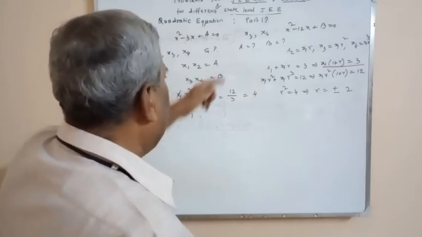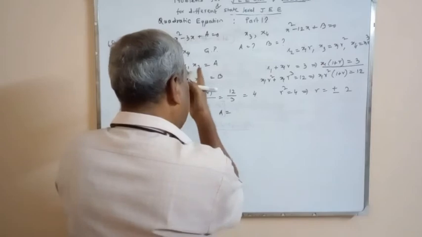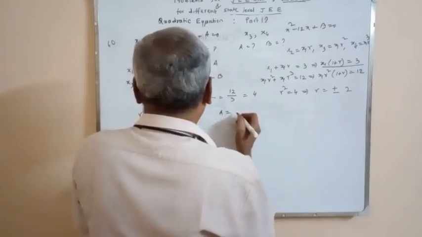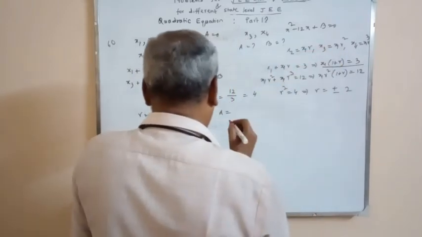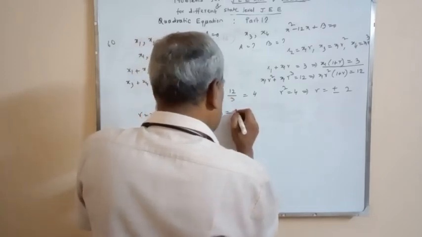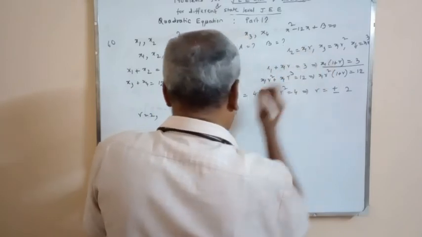Hence, A is x1 into x2. x1 is 1, x2 is 1 into 2.